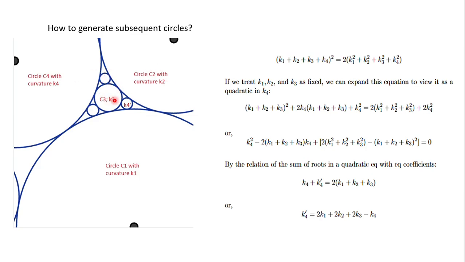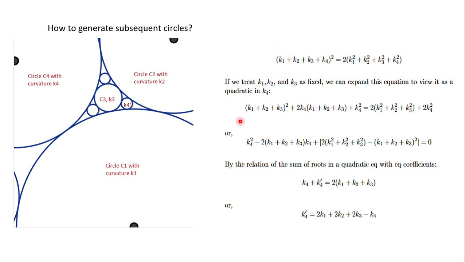Okay, then we see, now that we know four, like we get 4, 1, 1, 2, 3, and 4 circles mutually tangent. Now our task is to generate space filling circles. Pretty simple.